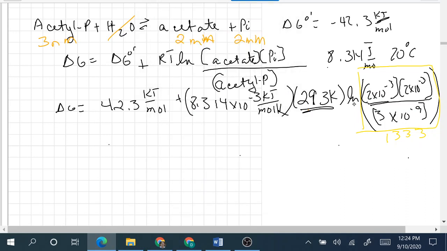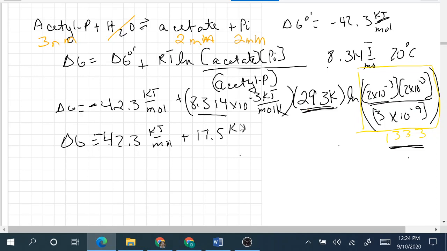Okay, so how to work that out? I'm taking the ln of 1333, multiplying that times 293, multiplying that answer times 8.314 times 10 to the minus third, and we get delta G is equal to negative 42.3 kilojoules per mole plus 17.5, and this was in kilojoules per mole, so we can add those together.